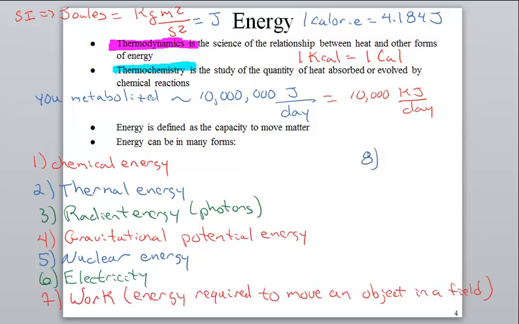Another form of energy could be sound. Sound is the movement of molecules. Sound can travel through air, so it's the movement of those air molecules, and it can travel through a solid object. Those molecules that are part of the solid object aren't free to move completely like a gas molecule, but they do move. They're a little bit restricted, but they vibrate with a certain motion.